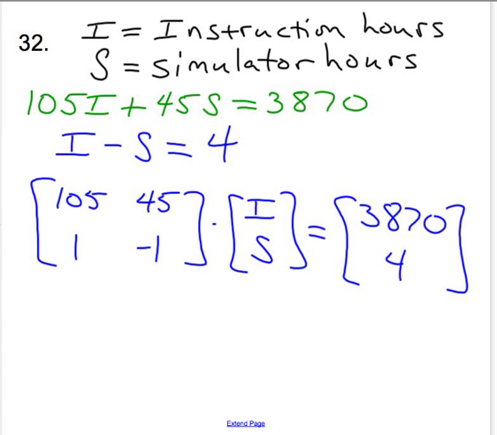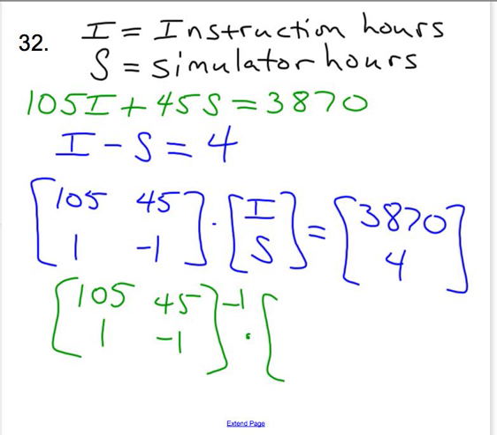I now can solve this matrix equation, whatever your instructor is telling you, whether that's by hand or by calculator. By calculator again, I'm going to take the inverse of that coefficient matrix and multiply it by what I refer to as the answer matrix. Whatever I get out of that product is my solution. It will tell me my instruction hours and my simulator hours.